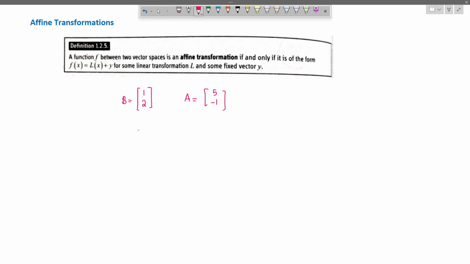The addition property of linear transformations, just like what we discussed earlier, is still preserved here in affine transformation. So it's still going to be equal to the sum of each component. That's (6, 1).